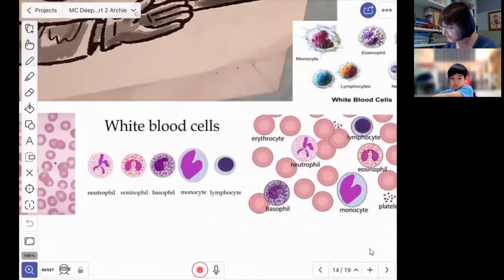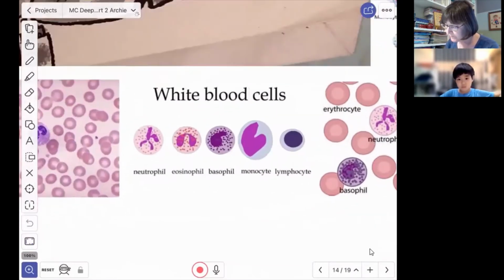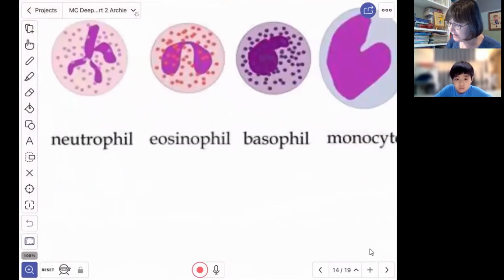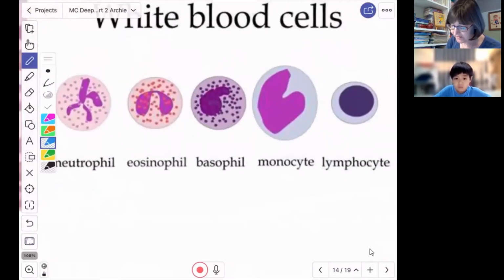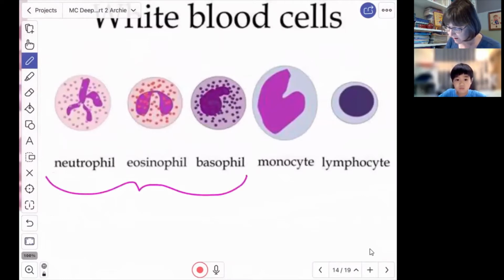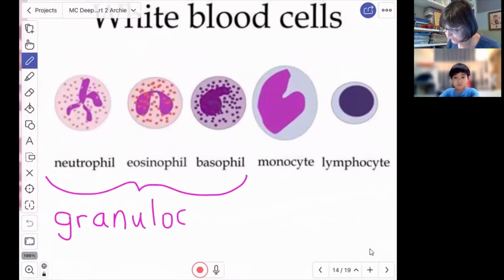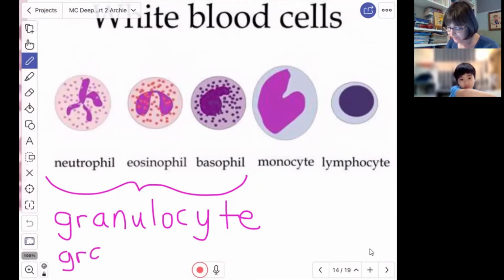Now, I might be wrong on this, but I believe that these 3 right here are called granulocytes. And there's 3 kinds of them. And I'm not sure if I'm spelling that correctly. A granulocyte has granules in them. You can see this word granules.